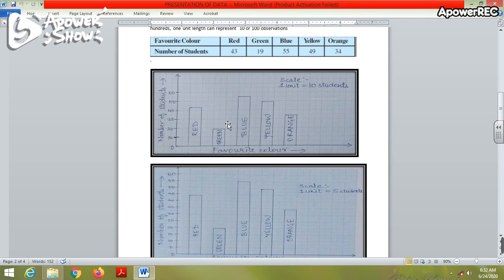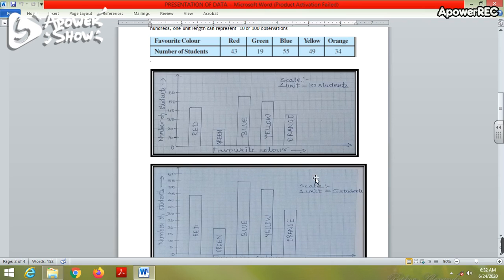The only difference between these bar graphs is that in the first one, the scale is 1 unit equals 10 students, and in the second one, the scale is 1 unit equals 5 students. Now we have to decide which bar graph is the most appropriate one.